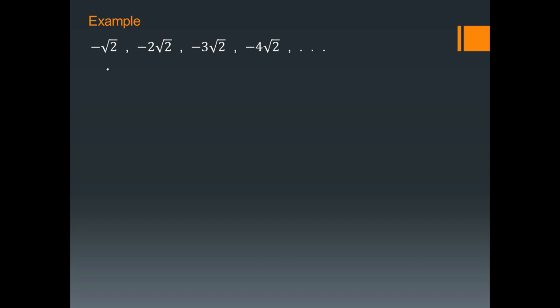Now take this one, this is the first term, second term, this one is the third, and this is the fourth term. A2 minus A1, the first is subtracted from the second: minus 2 square root 2 minus square root 2, that is, minus 2 square root 2 minus, multiply minus is plus.